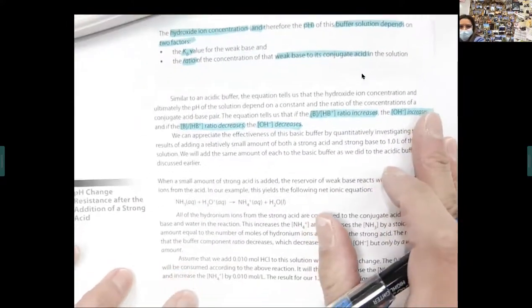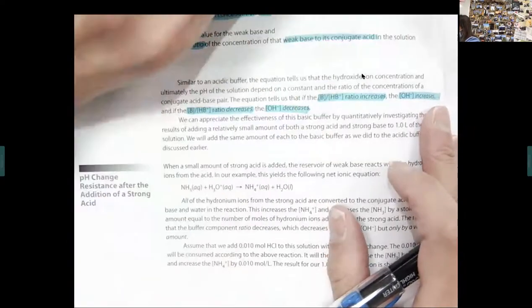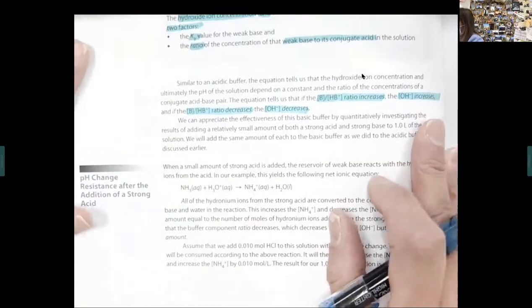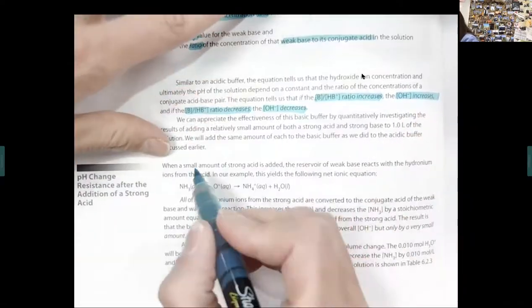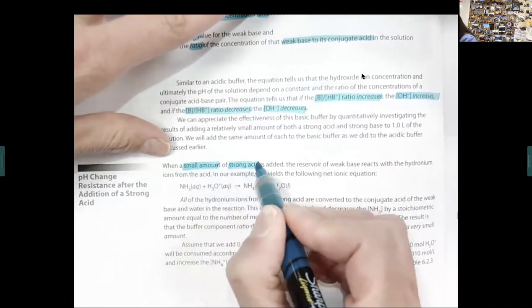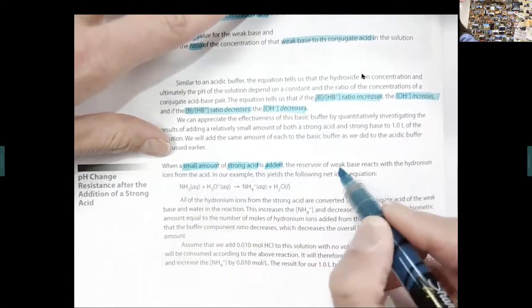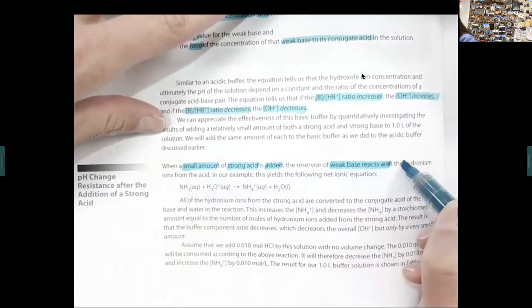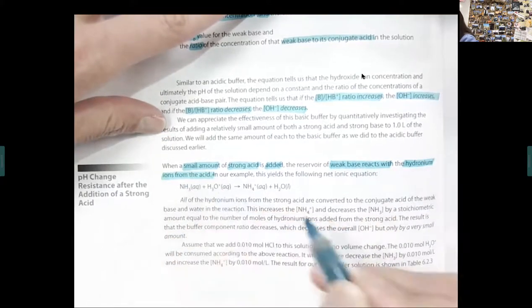Let's take a look at the bottom of the page. pH change resistance after the addition of a strong acid. Okay, so when a small amount of a strong acid is added, the weak base reacts with the hydronium ions that are in the acid.